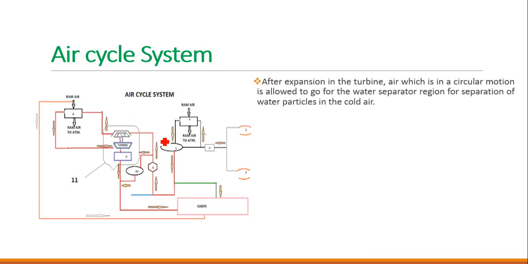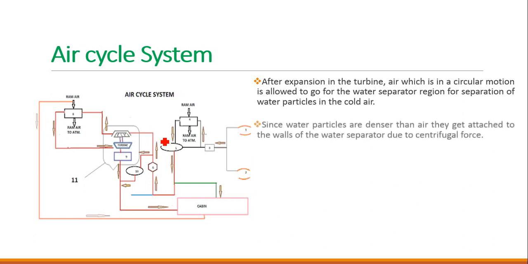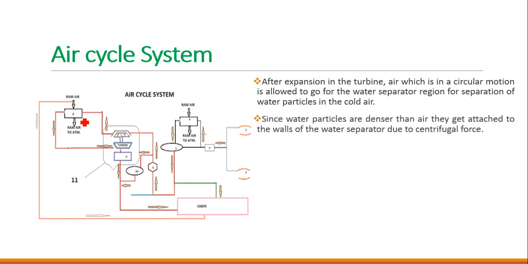After the expansion in the turbine, the air in circular motion is allowed to go to the water separator region for separation of water particles in the cold air. Because of the expansion process, the air gets cooled, and there will be some water droplets.